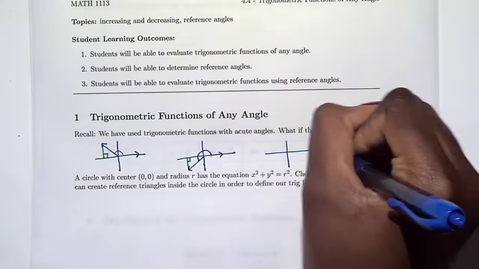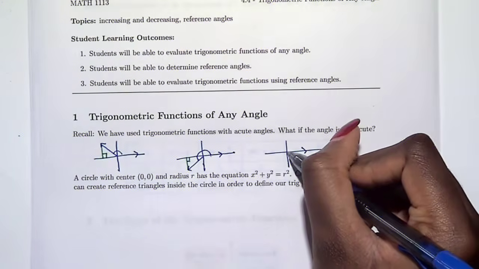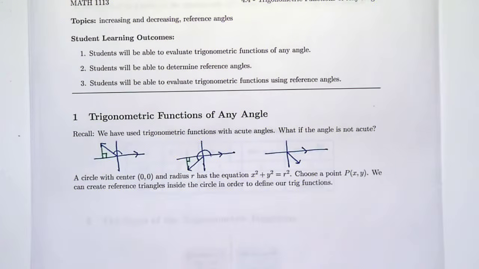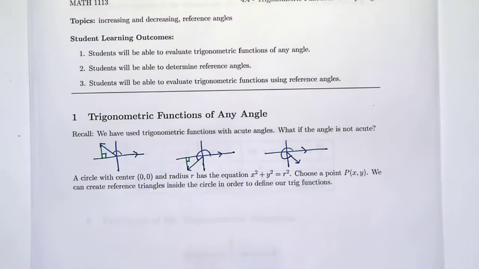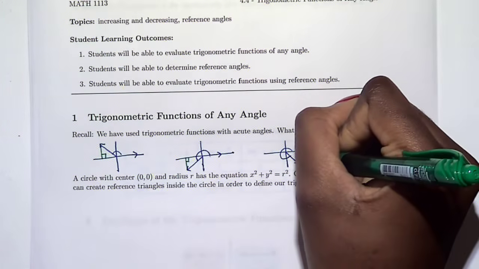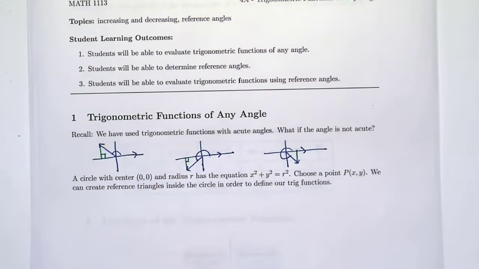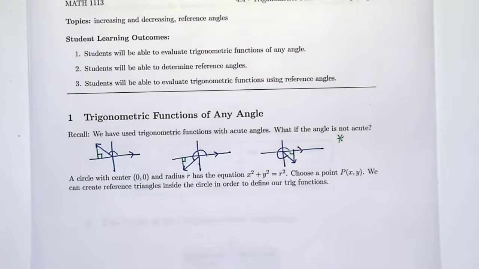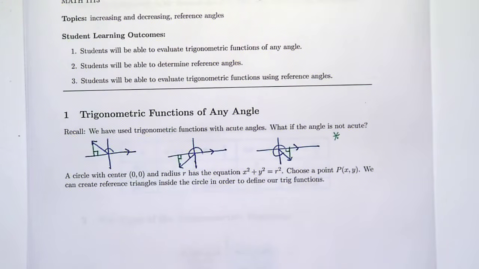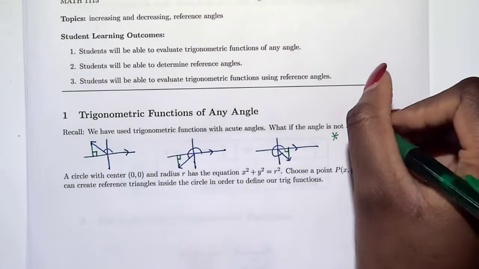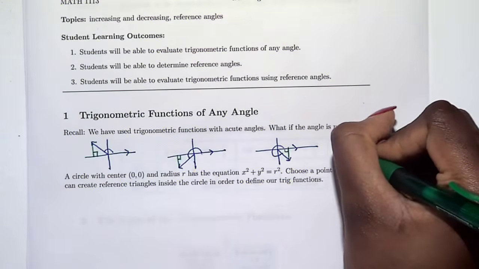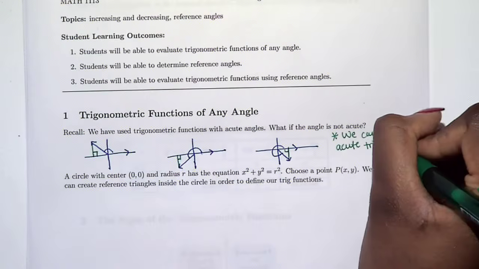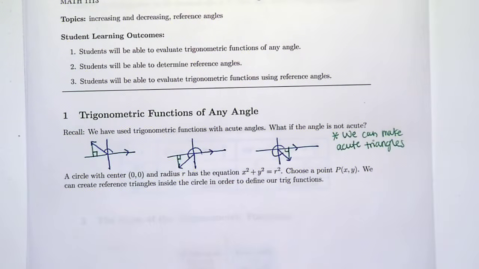And even in the fourth quadrant, if we start here and end in the fourth quadrant, going around the positive direction, we can still make a right triangle. So the point is, we don't just have to have acute angles. We can make right triangles and use our triangle trig.